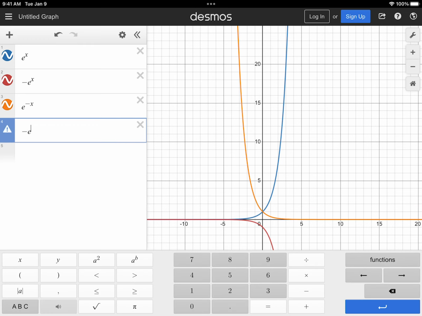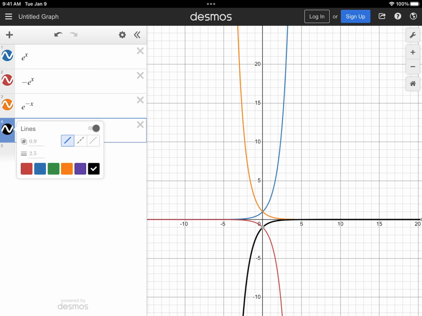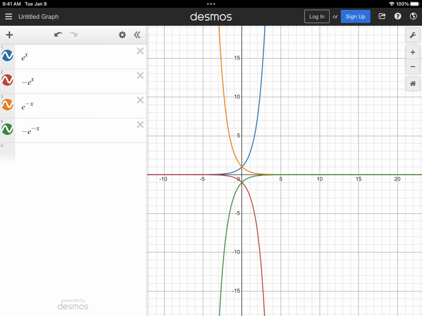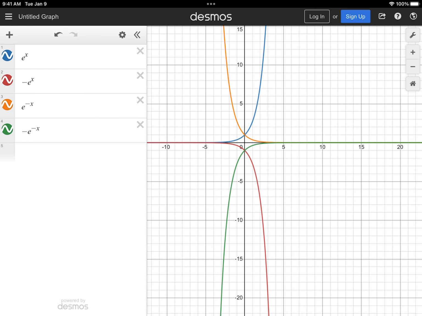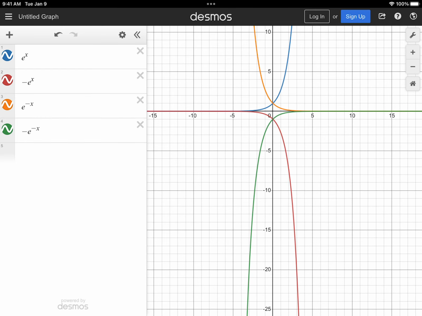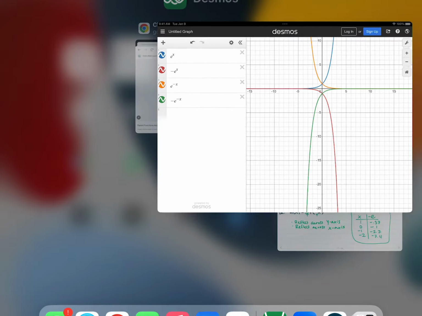Let's make it green. And there it is. So that is a reflection across the x-axis and a reflection across the y-axis. Okay, so that is that example.